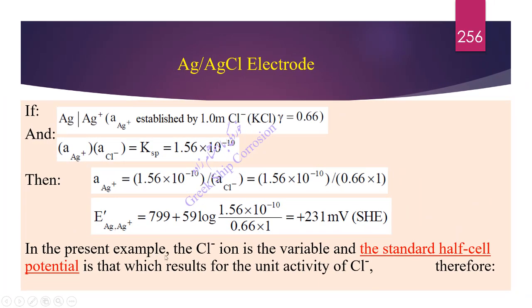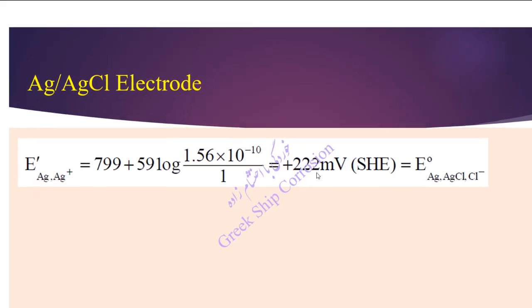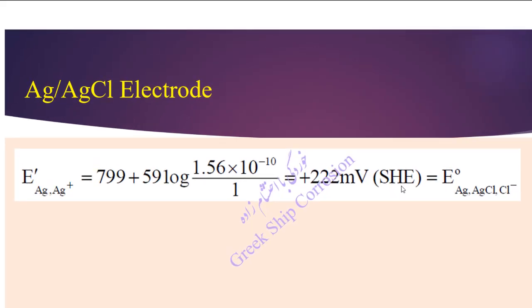In the present example, the chloride anion is the variable and the standard half cell potential is that which results for the unit activity of chloride anion. Therefore, the non-standard potential of silver-silver cation equals 799 plus 59 times the logarithm of 1.56 times 10 to the negative 10 over 1, which equals positive 222 millivolts versus the standard hydrogen electrode.